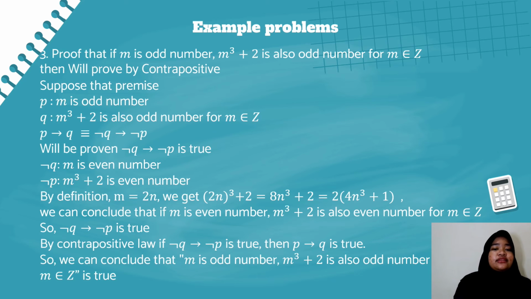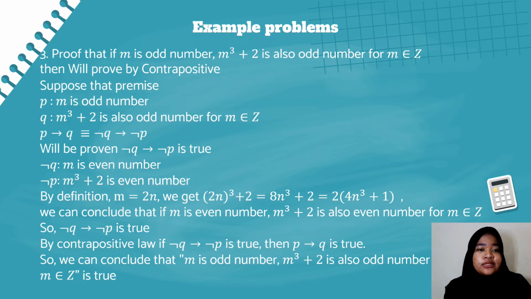Okay, third example problem. Prove that if m is an odd number, then m power 3 plus 2 is also an odd number, for m an element of integers. Then we will prove by contrapositive.